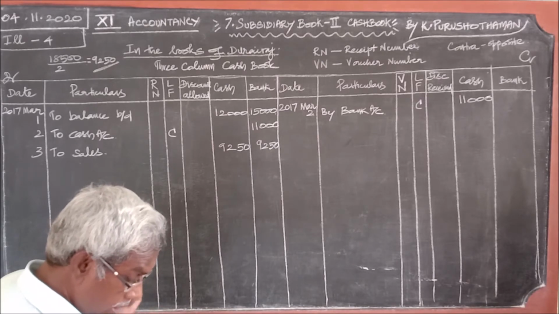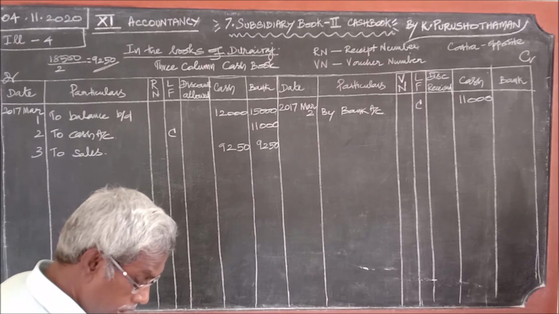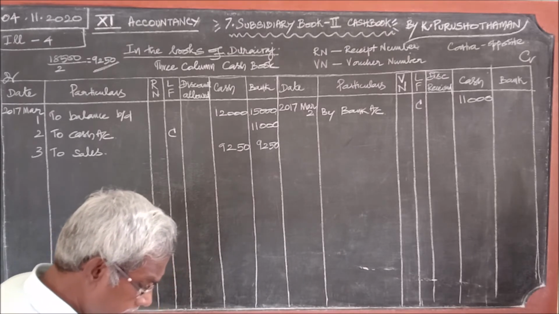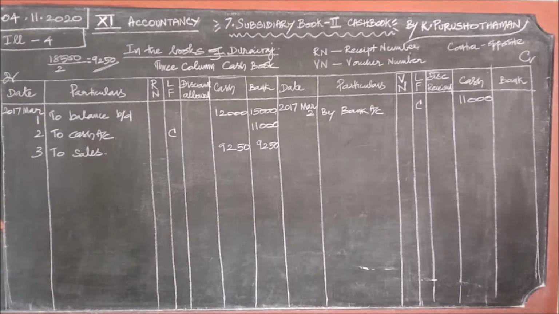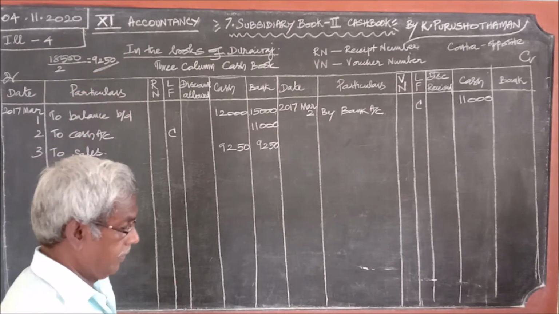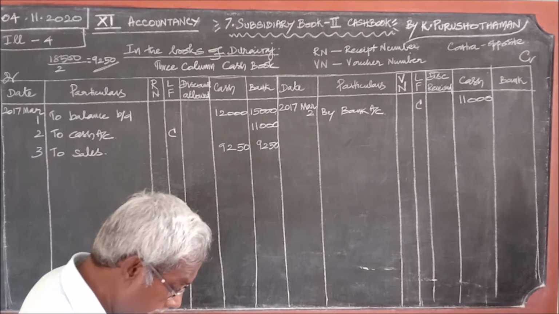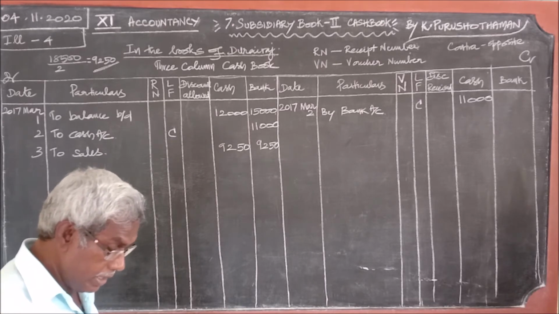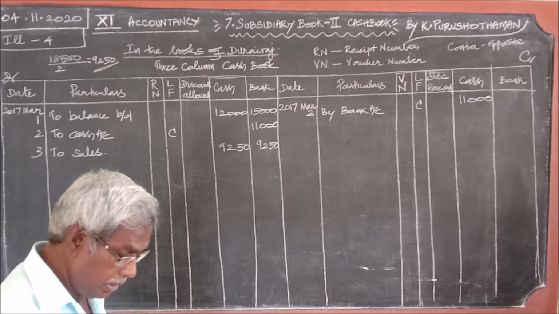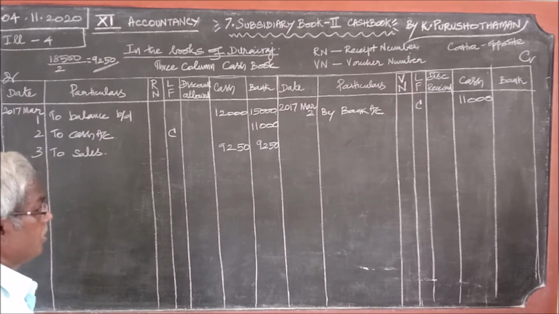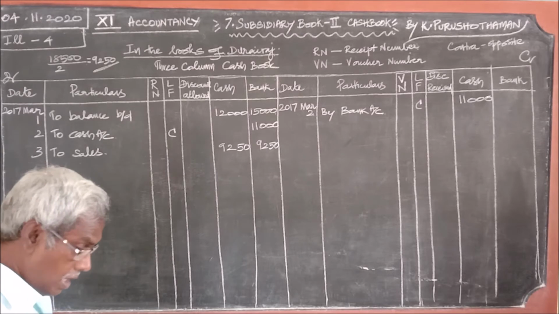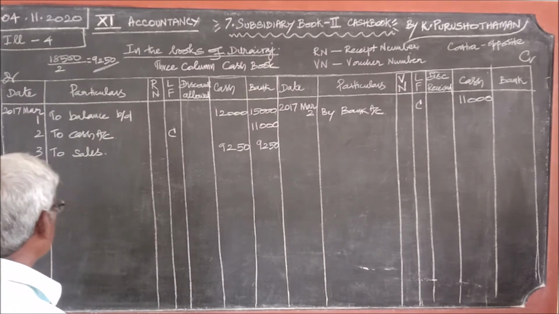But on the 8th, what Jayaraj did, he sent a check in full settlement, for 6,900 only. We sell goods to Jayaraj for 7,000, but what does Jayaraj do? On the 8th he gives a check for 6,900.